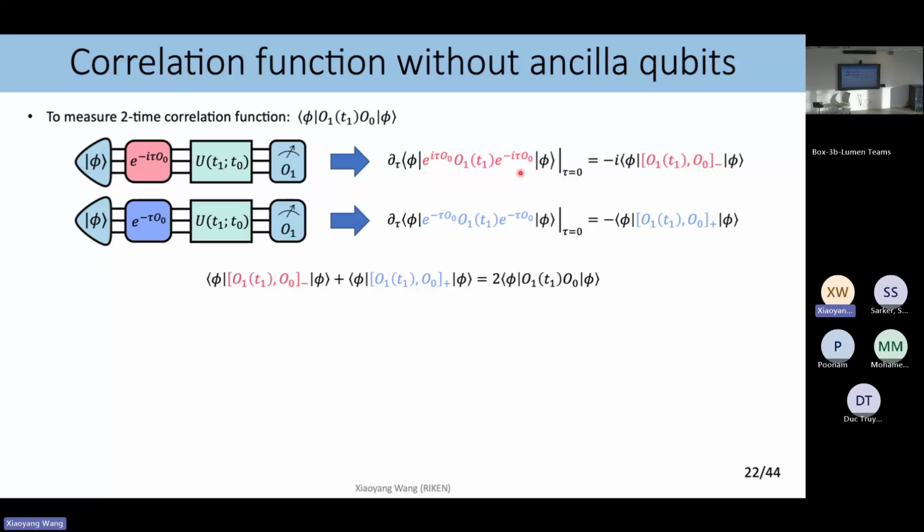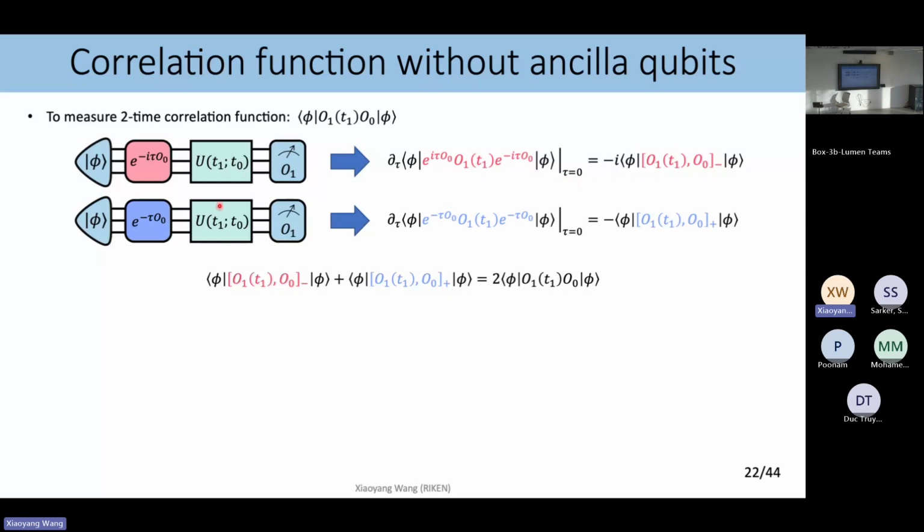And we can measure this expectation from these circuits, and then we can perform a partial derivative with respect to tau, and taking the tau to 0, we can derive this commutator.